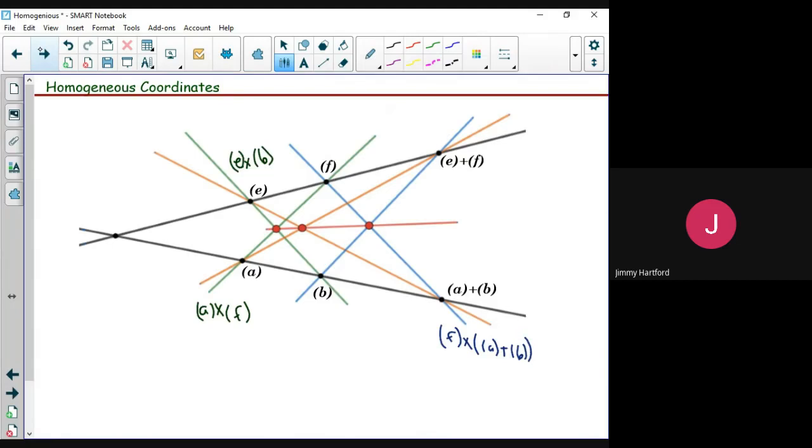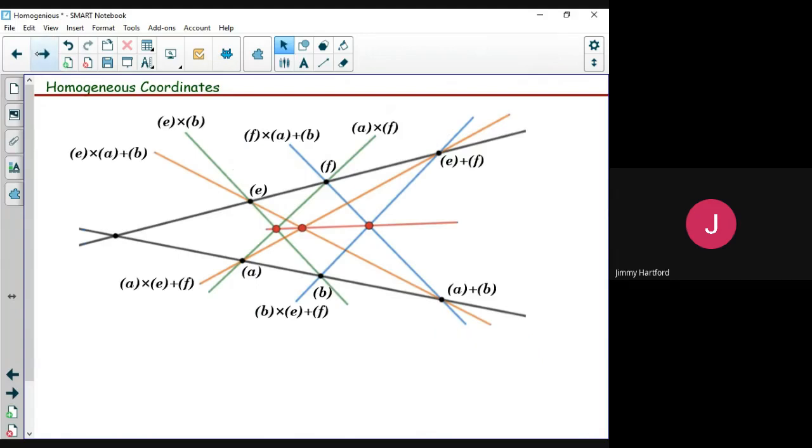And we can continue that along and identify all 6 sides of the hexagon, which will look like this.